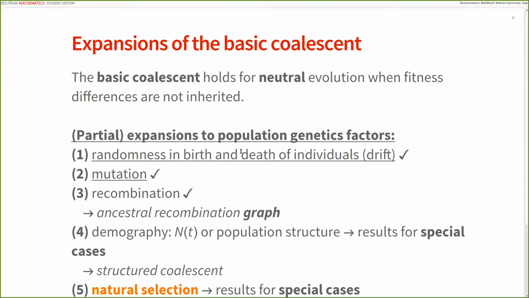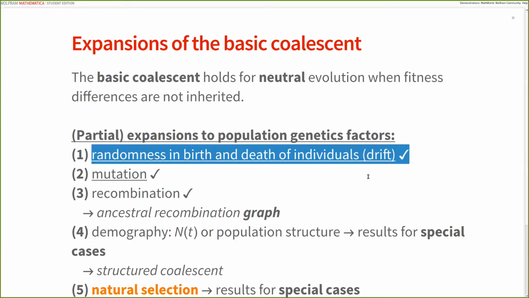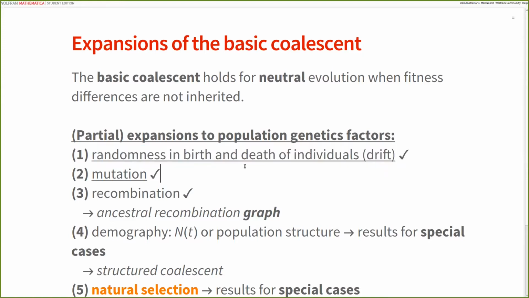And we also should therefore consider what is possible on top of just the basic coalescent with neutral evolution. In principle, we can say there are partial expansions that consider several additional population genetics factors. Obviously, drift is considered in the basic coalescent already, which is the randomness in birth or death. Mutation is also considered. And now a new thing is, of course, recombination.